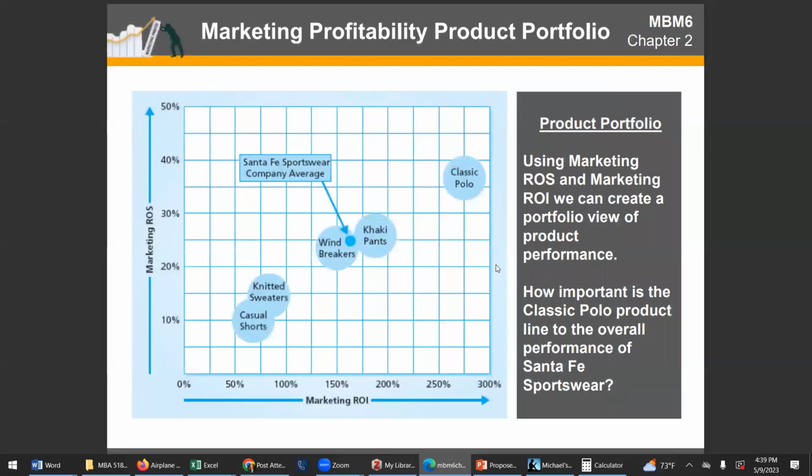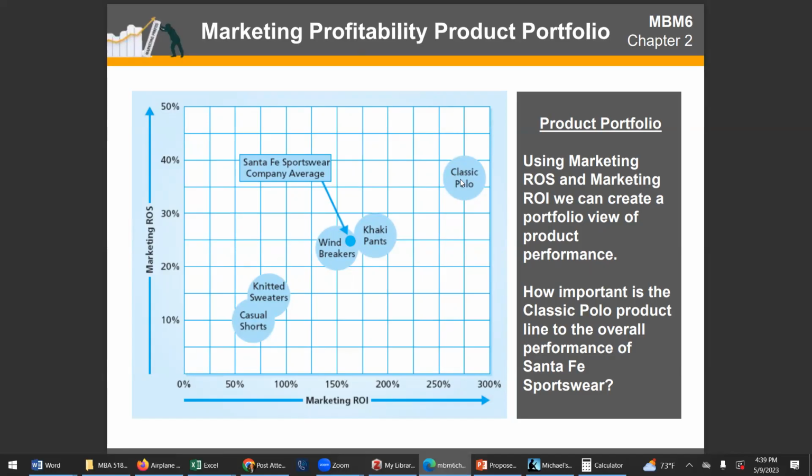Okay. Now, another way to think about this, which, by the way, most executives love, is what they'll call bubble charts. So we're charting each of the product lines, 1, 2, 3, 4, 5. On the x-axis, marketing return on investment, and marketing return on sales. Sort of interesting here, probably not a lot of surprise.